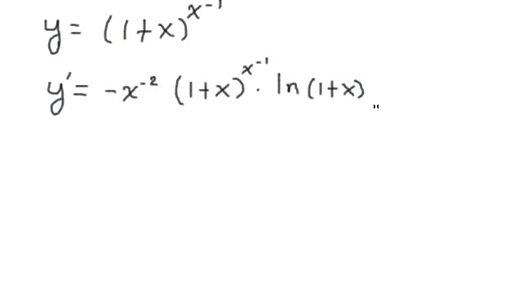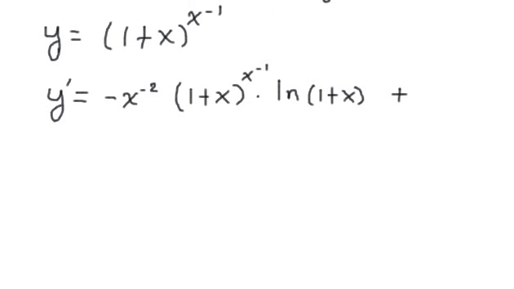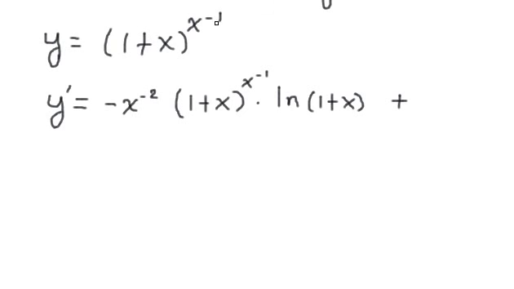And now I have run out of room. So let me put a plus here. Okay, and continue it down below. Now we're going to treat this like it's just a number, like the number 5, and so we're going to take our exponent and bring it out front.